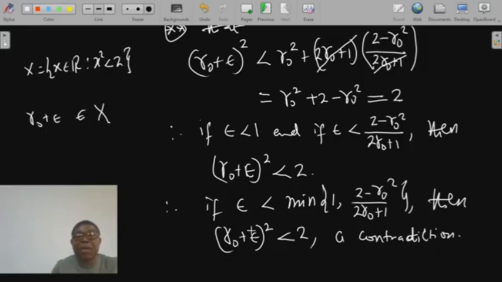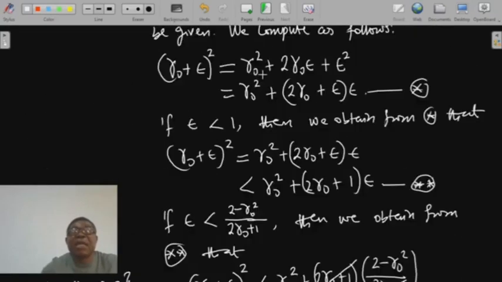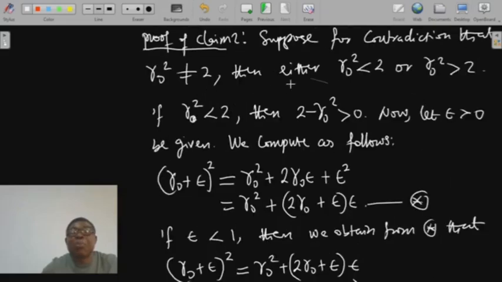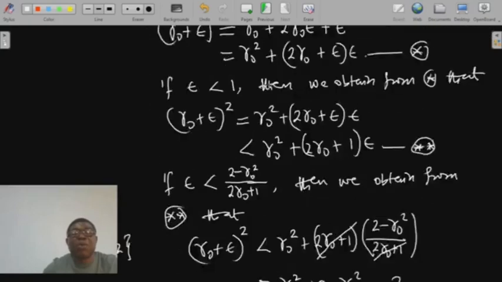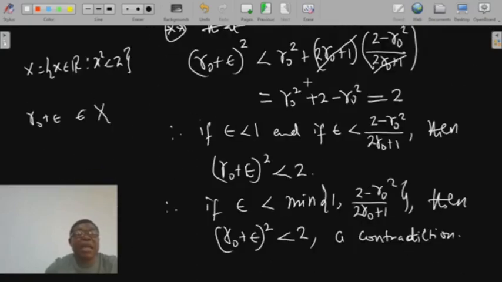So if (gamma naught plus epsilon) squared is less than 2, it means that gamma naught plus epsilon belongs to this set. And since gamma naught is the supremum of the set, everything in the set must be less than or equal to gamma naught, because gamma naught is an upper bound.